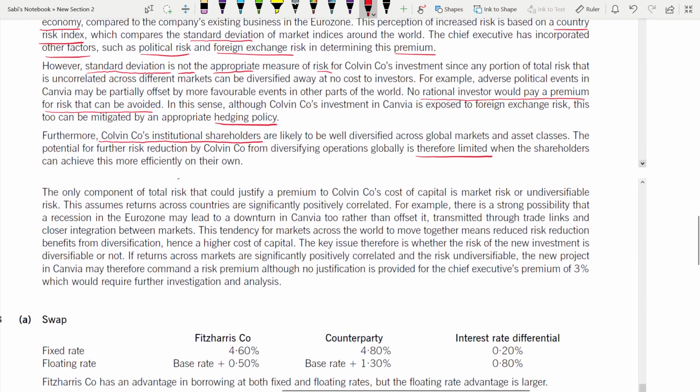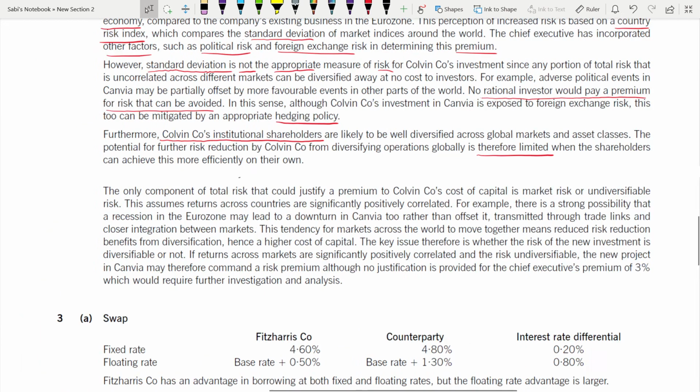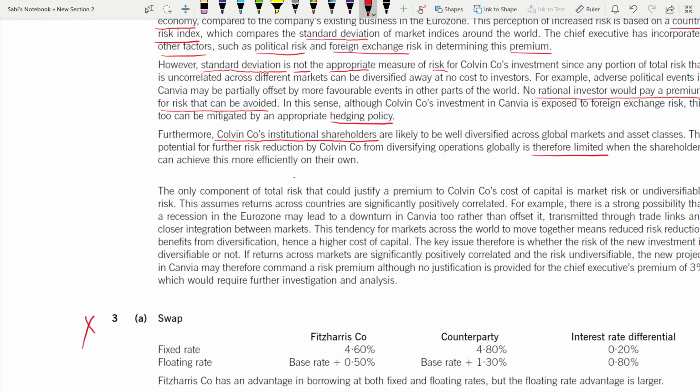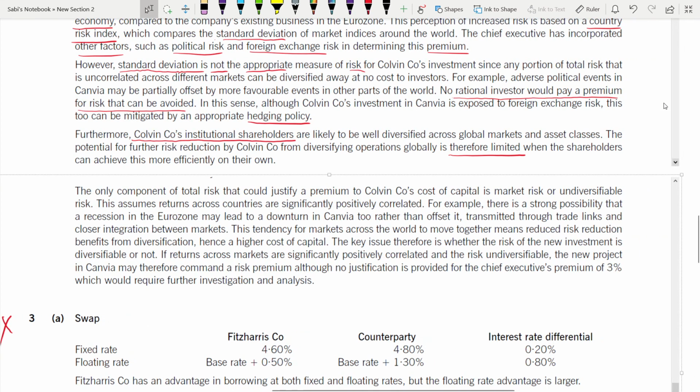Coming to the last paragraph. The last one is part 3, so I've done question 3. The only component of total risk, you have to talk about total risk. You're talking about the discount rate, so the discount rate measures total risk. It does not divide systematic and unsystematic like that.